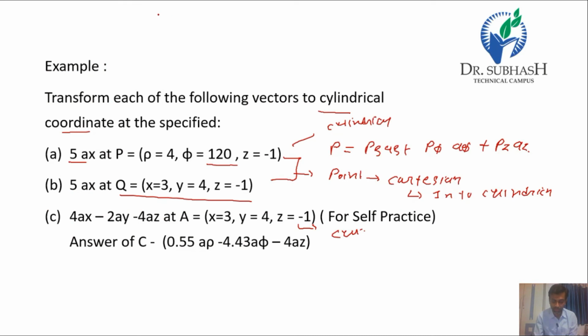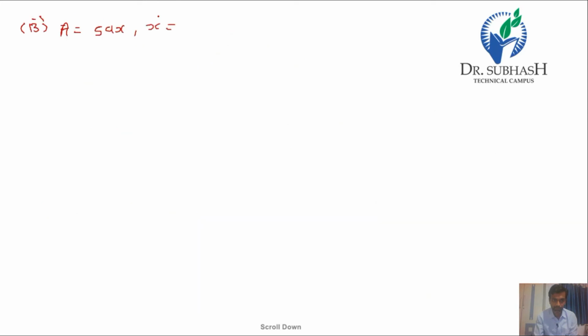First of all we transform this vector into the cylindrical coordinate system using the point formula.